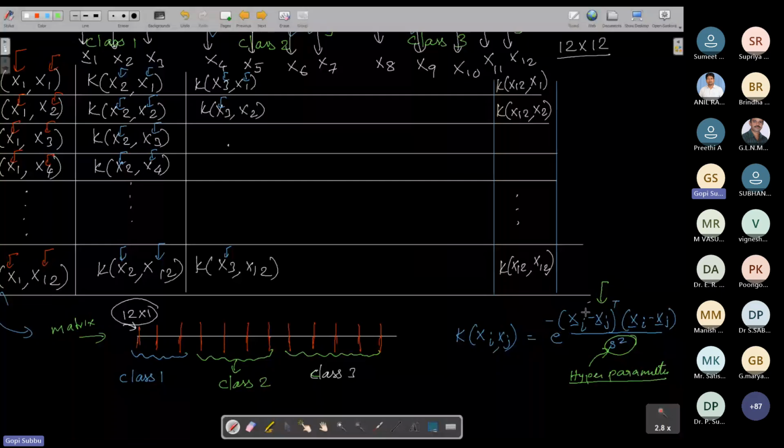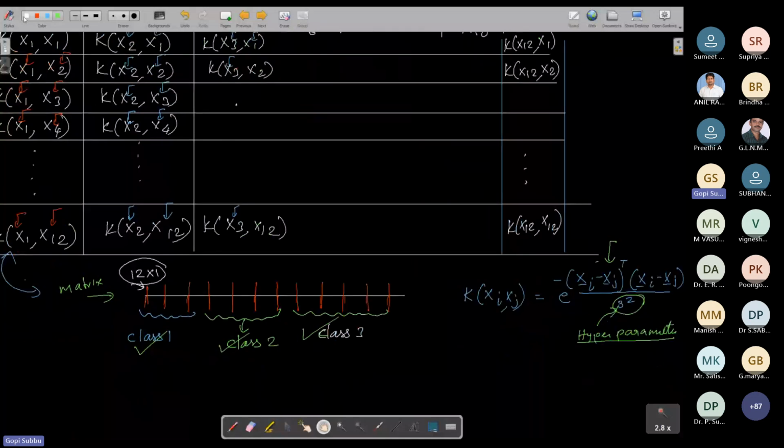This is the way we compute and calculate this matrix, and then we treat the first three columns as class 1, the next 4 columns as class 2, and the next 5 columns as class 3. Once you get a new set of vectors, using these column vectors, we are going to find the LDA basis.